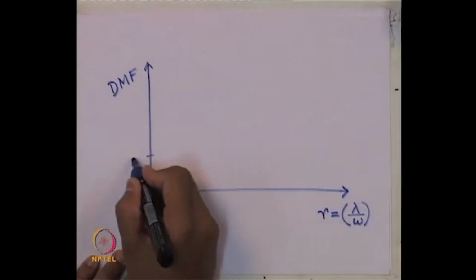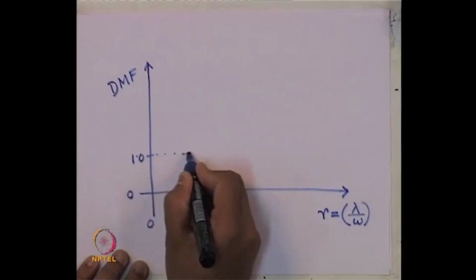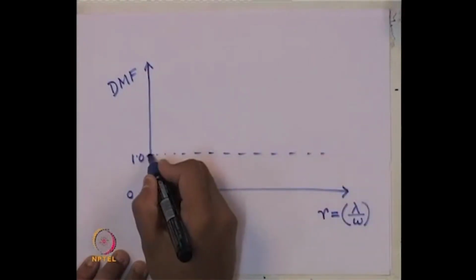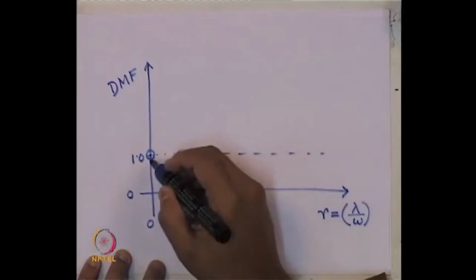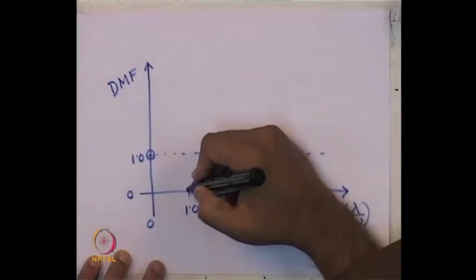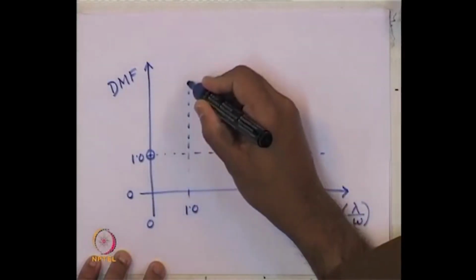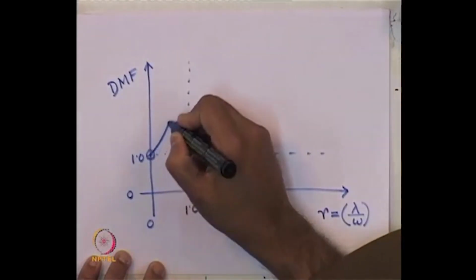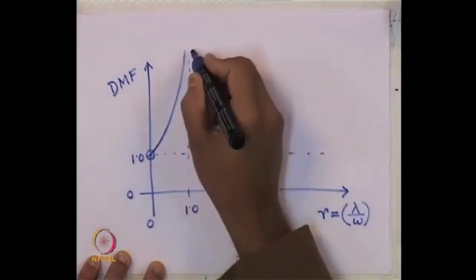We have seen that it always starts from a dynamic magnification factor of 1 and goes to infinity.